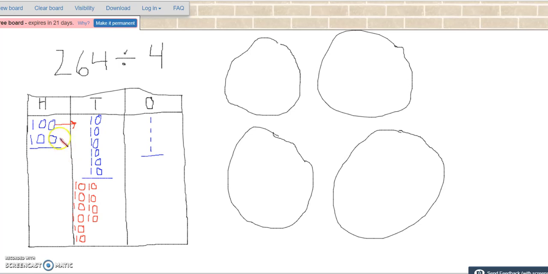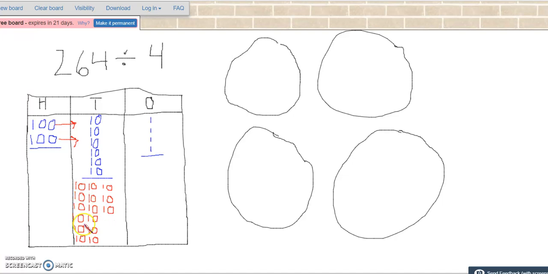Okay, I'm going to have to do the same thing again to my second 100. So add 10 more tens. So altogether I have added 20 tens to my original 6 tens that I had in my total number. Has this changed my number at all?